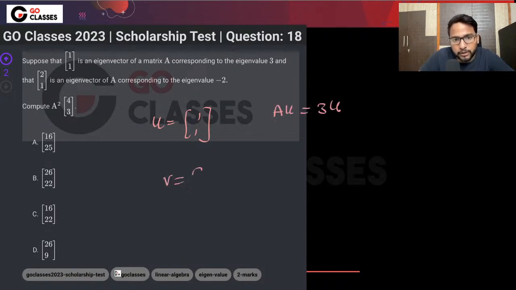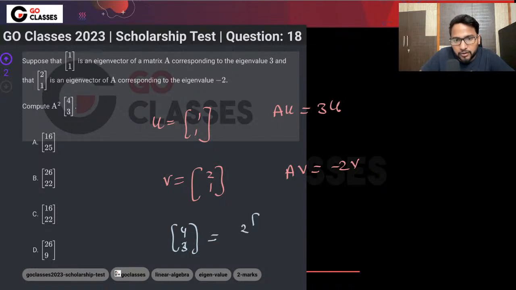V is, let's suppose, 2 1. So AV is given to you as minus 2V, right? This is what is given to you. Now this 4 3 is nothing but 2 times 1 1 plus 2 1, which means 2u plus v.